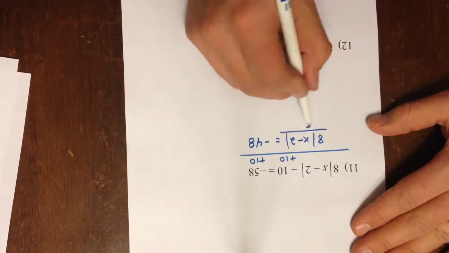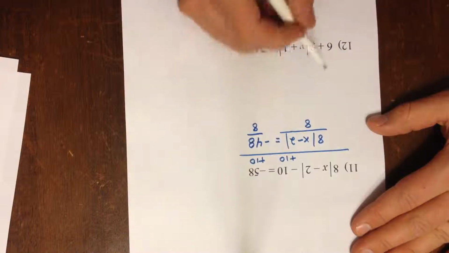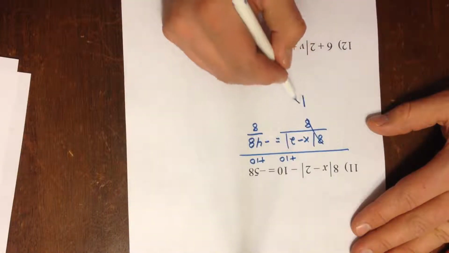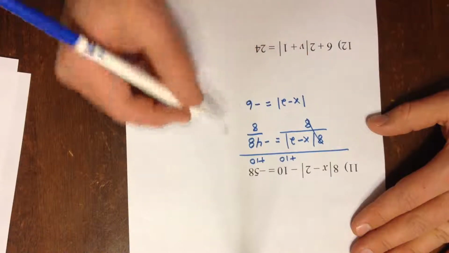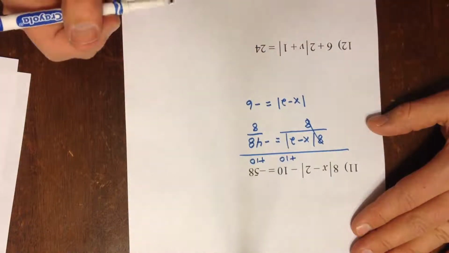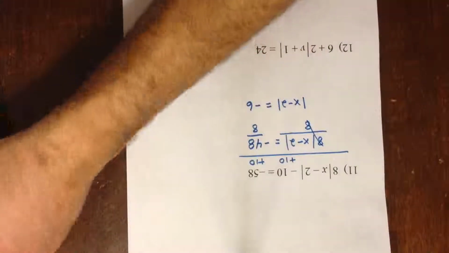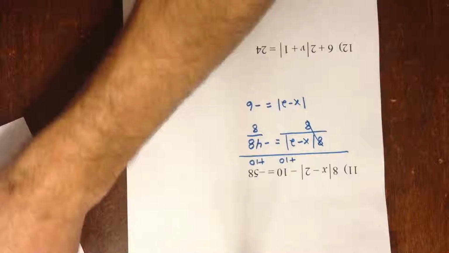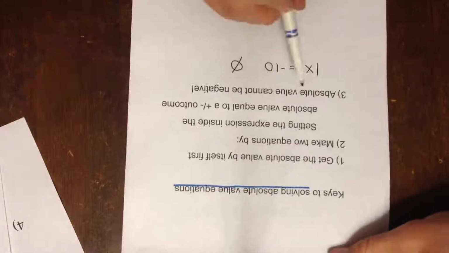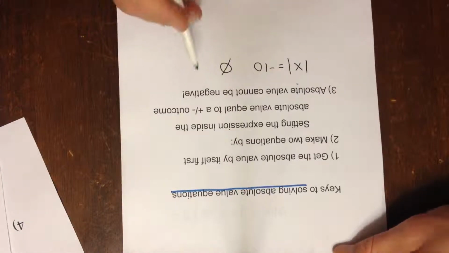And something's happening here. I might be able to see it before I do all this work, but I have an absolute value that's going to be equal to a negative. And that's why I had you write that down at the beginning: absolute values cannot be negative.